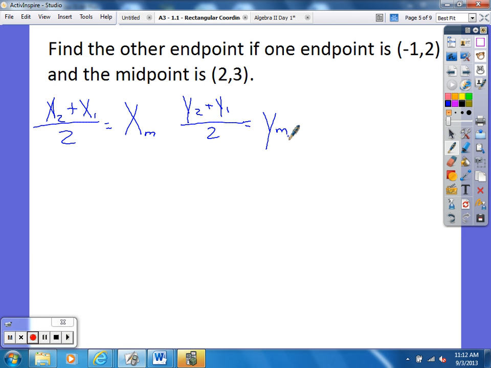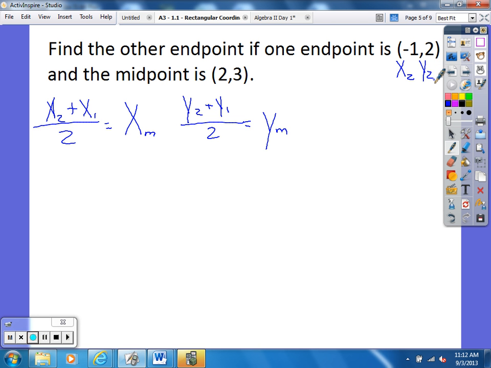Well, now let's label. So it's telling us one endpoint is this. What do you want to label this endpoint as? Raise your hand and tell me. Go ahead, give it a shot. Okay, that'll work. Now, Mallory did not have to say x2, y2.